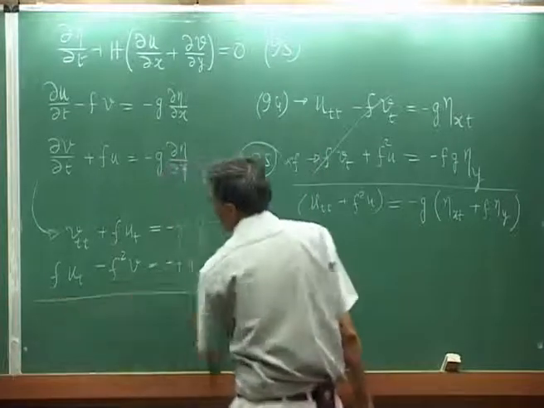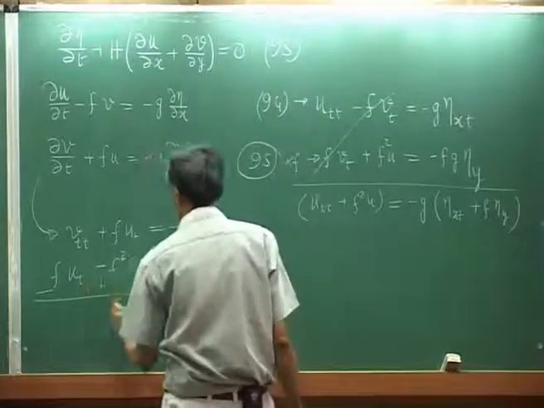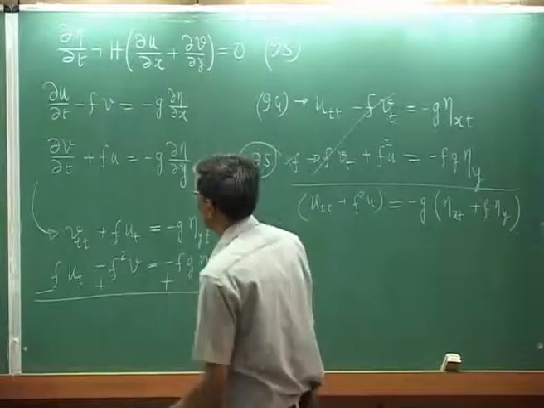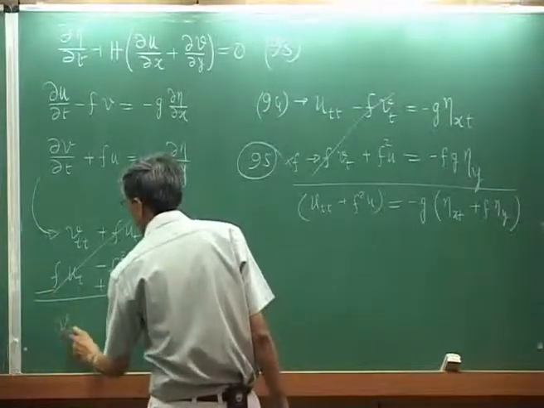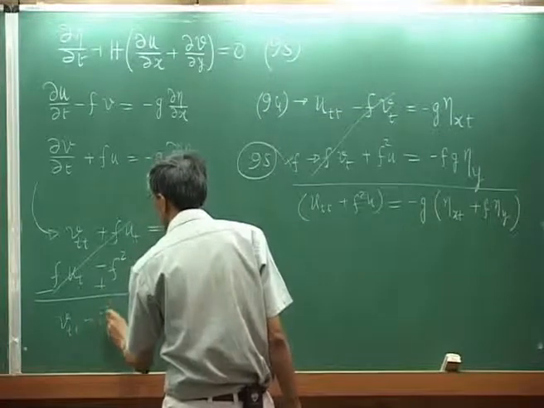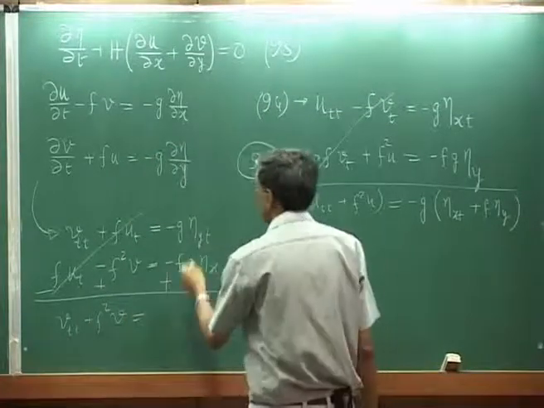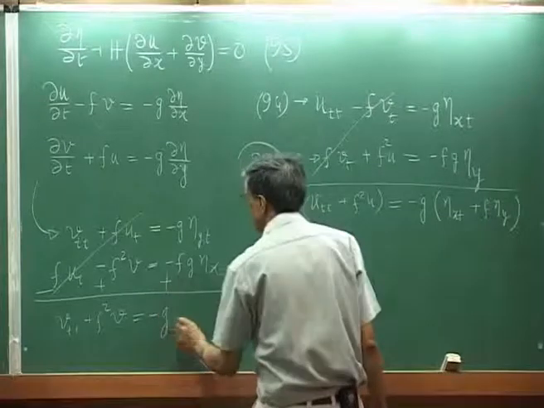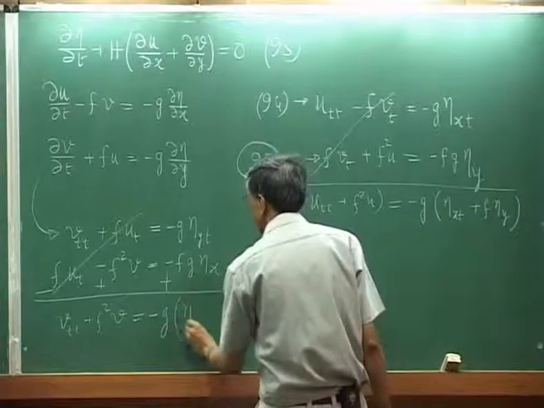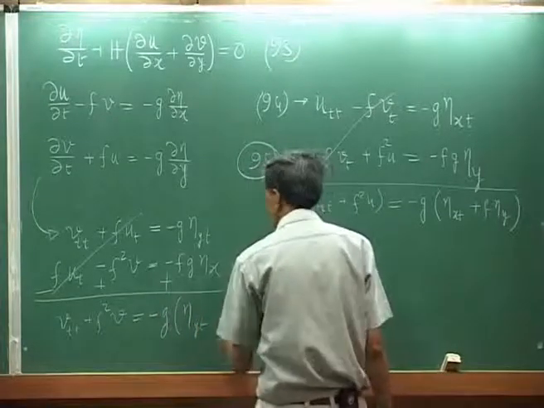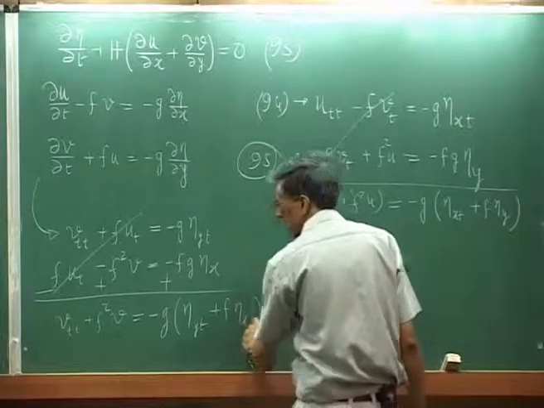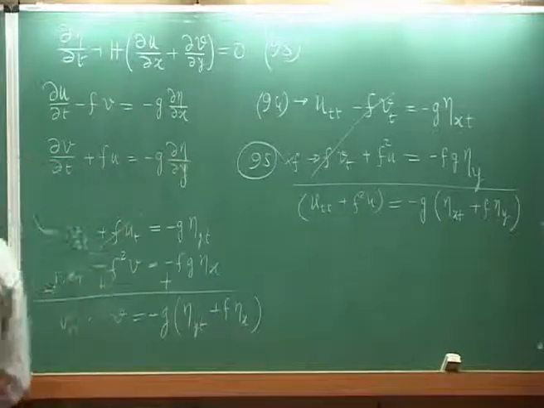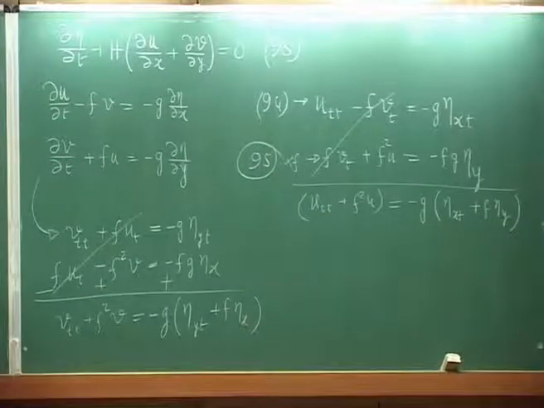Once again this cancels out and we get v t t plus f square v, and taking g common, we get eta y t plus f eta x, right. So, that is your equation 97.